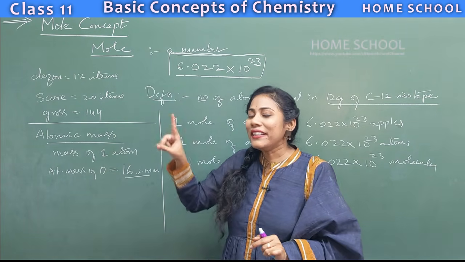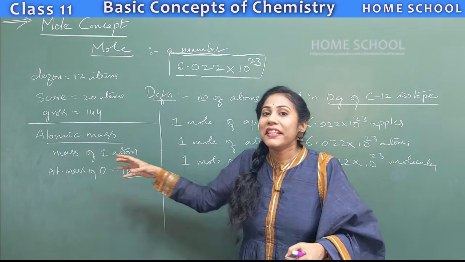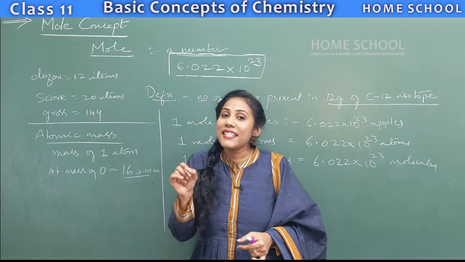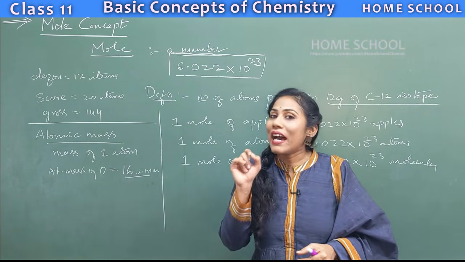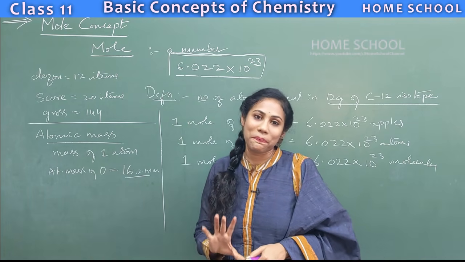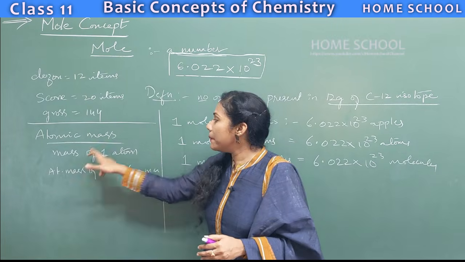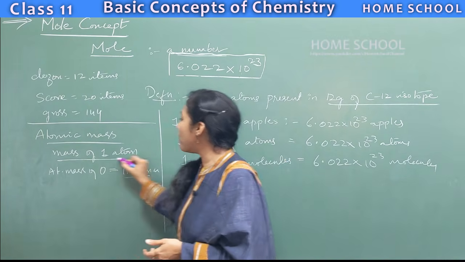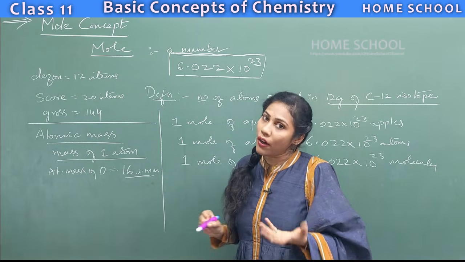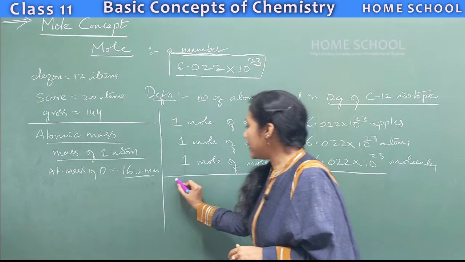So normally speaking, atomic mass is the mass of one atom, and it is expressed in AMU or U.